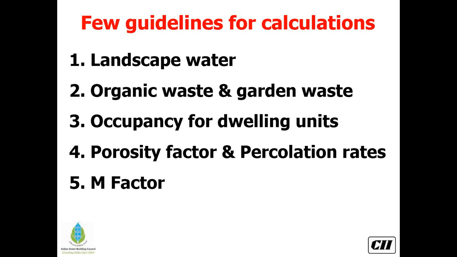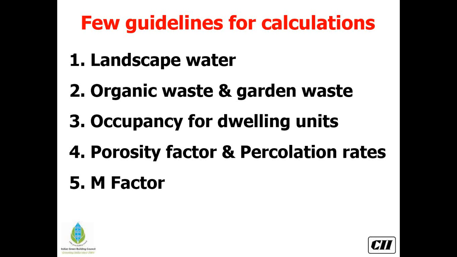Hence, the actual percentage of water is only 60%. Hence, when you arrive at the rainwater harvesting pit size, please multiply a porosity factor of 0.6 to arrive at the actual volume of rainwater we capture from roof and non-roof runoff. That is one of the suggestions when you calculate the number of pits.